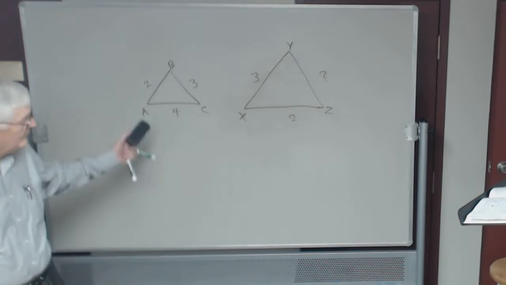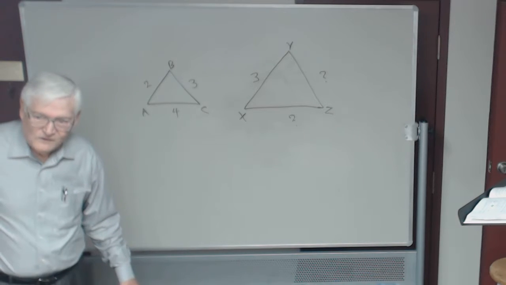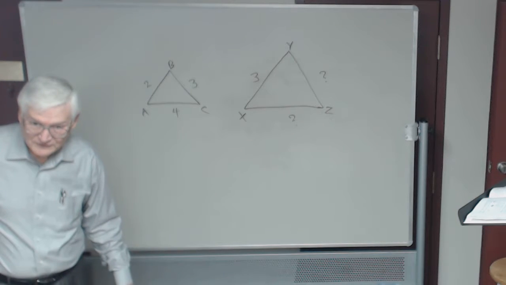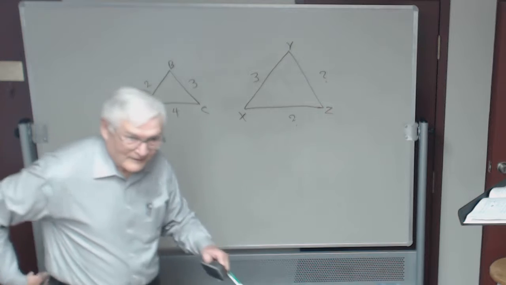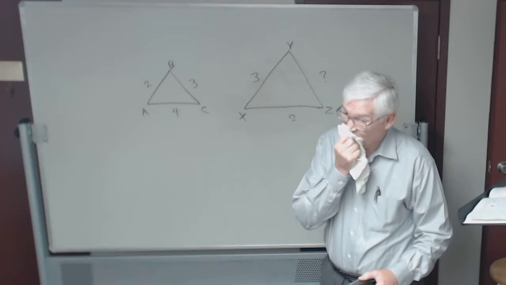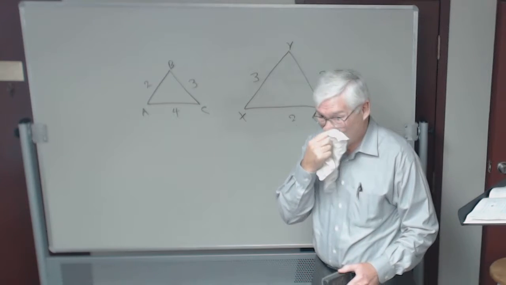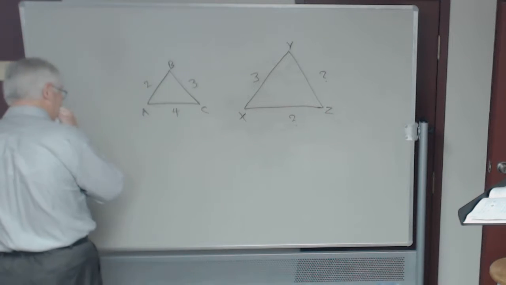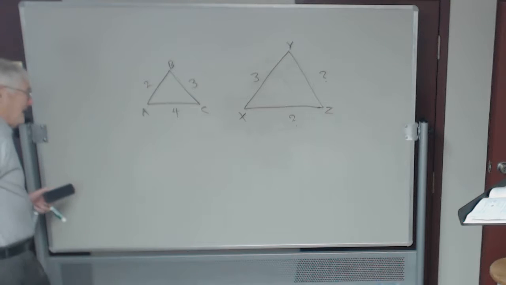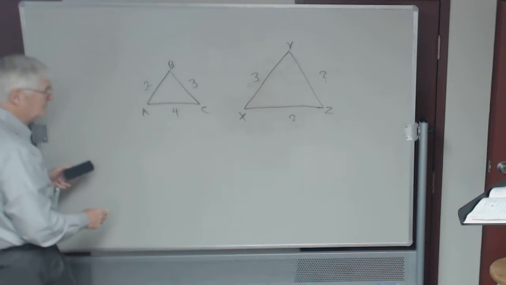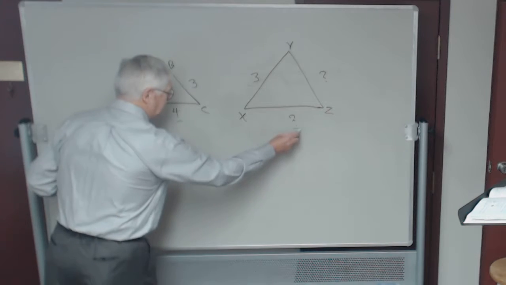What do you know about similar triangles? They're proportional. Do you have that in your notes? The corresponding sides are proportional. Now, do you know what that means? Here's 2 and 3, those are corresponding sides, and 4 and question mark.